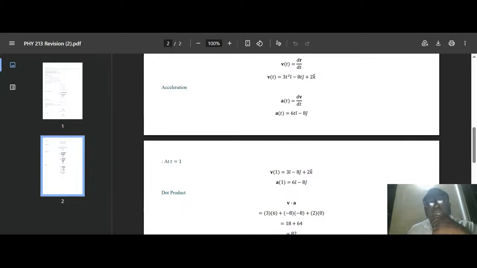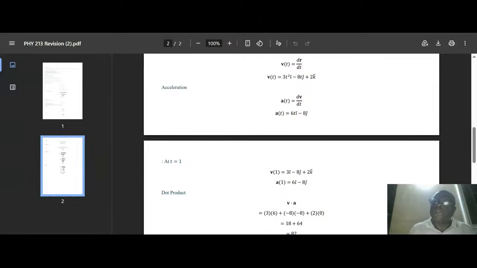Then at the point where t is equal to 1, we substitute the value of t into the velocity and acceleration components. For velocity, we have 3i minus 8j plus 2k. For acceleration, we have 6i minus 8j.